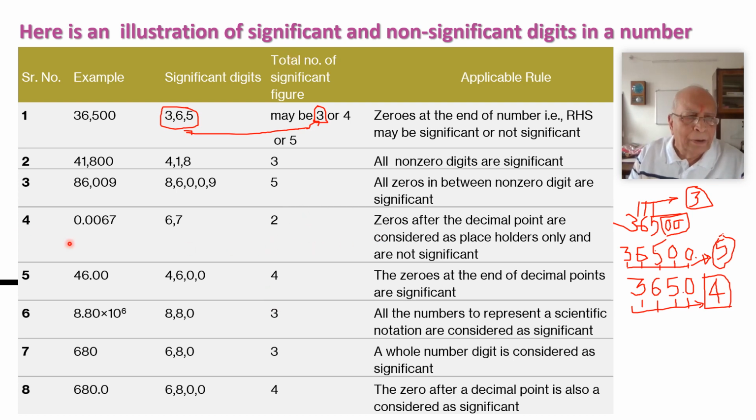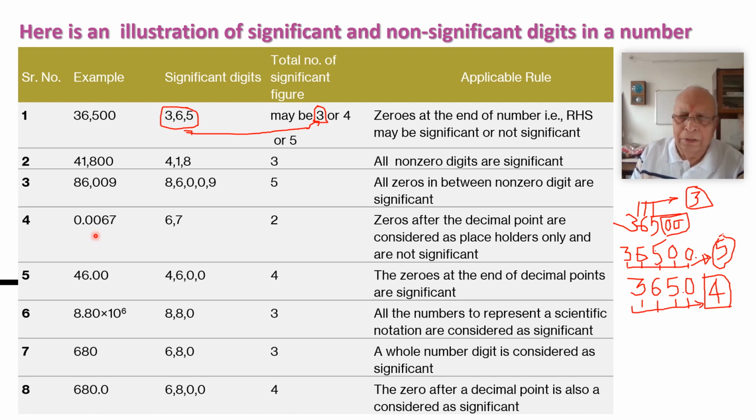You can make out the total number of significant figures as I have already explained. For example, 0.0067. There is a decimal point. After that, two zeros are there, and two non-zero digits are there which are significant. 0 is not significant even after a decimal point.